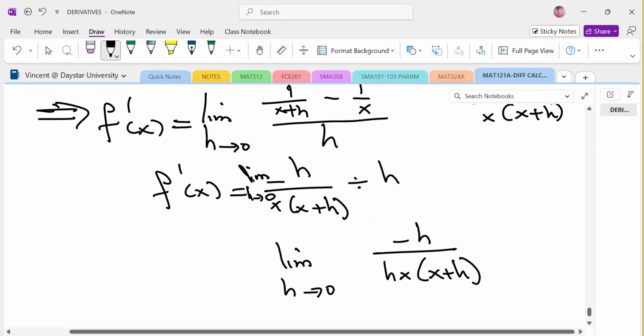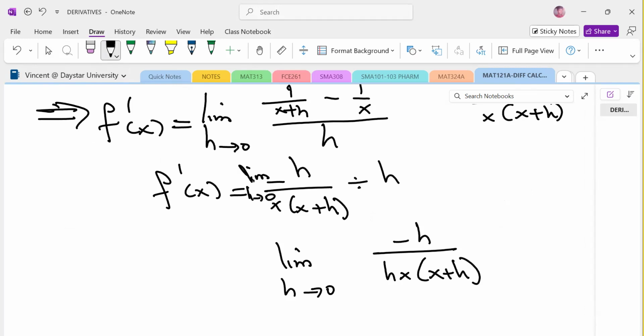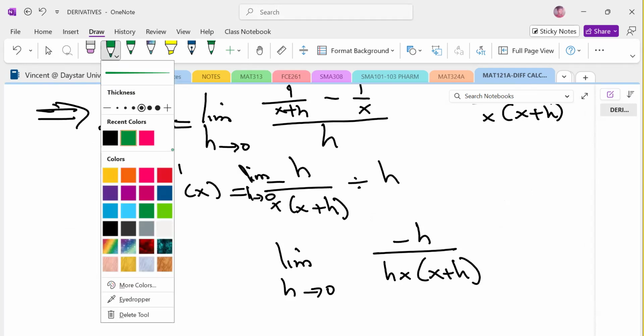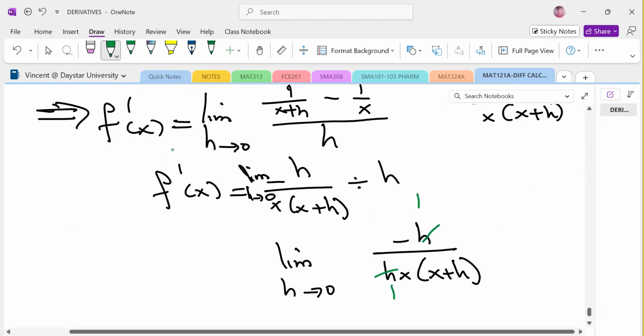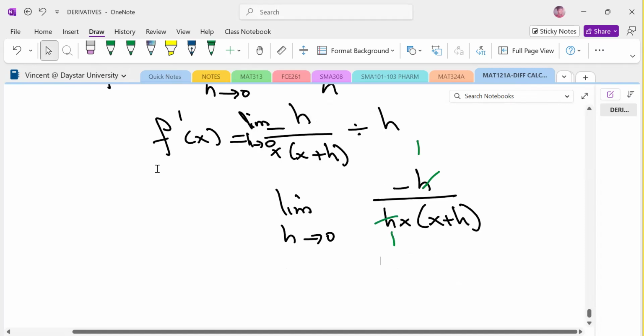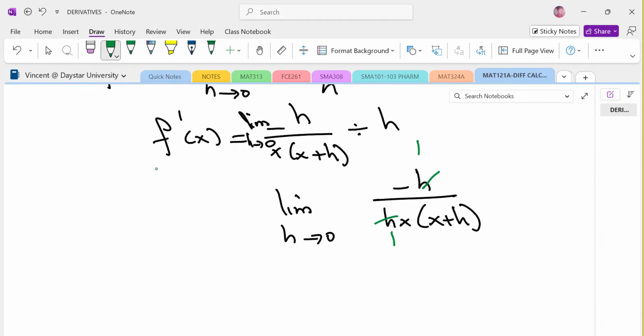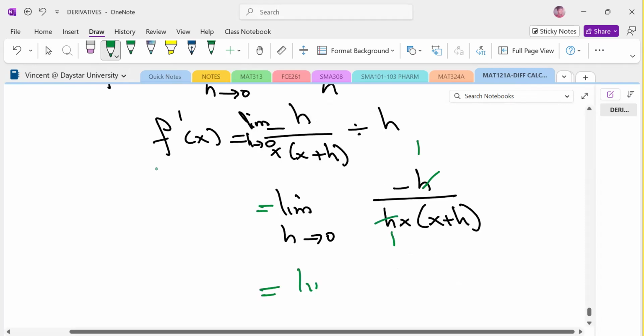Hope you know when you say divide, it's the same as multiplying by the reciprocal. So that this h cancels out, and we'll have the limit as h approaches 0 of -1 over x into x plus h.